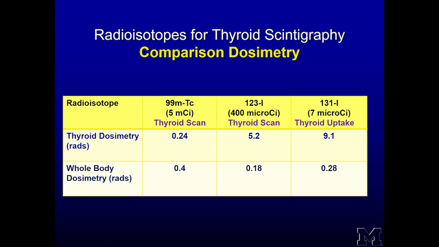Therefore, iodine-131 is not used for thyroid scan acquisition in patients with an intact thyroid gland. Practically, this is an isotope that is either used for thyroid uptake quantification in patients with an intact thyroid gland, or it is used for thyroid cancer imaging after total thyroidectomy.